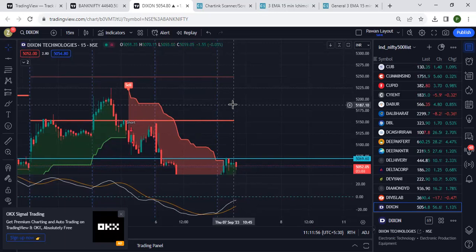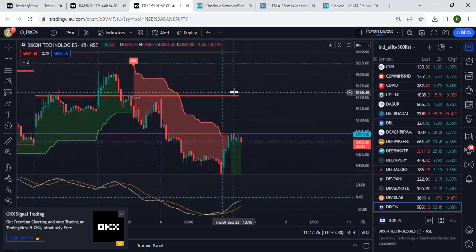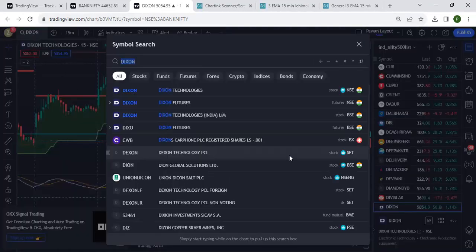You are just seeing the practical working here, that all the 10 to 12 stocks which have been identified are being analyzed on the basis of SuperTrend as well as MACD, and on the weekly pivot basis the target is being specified here. Dixon Technology, and the last one is Gale.